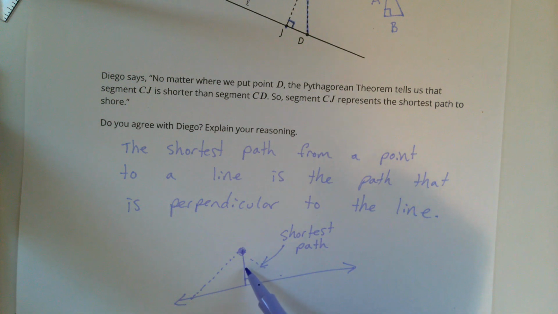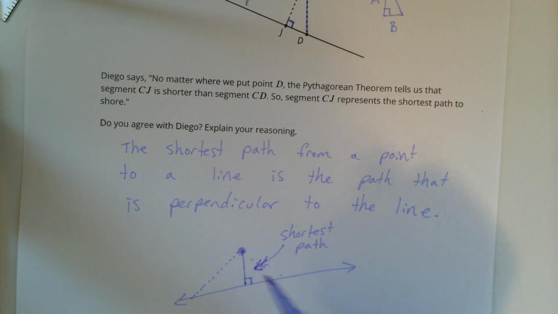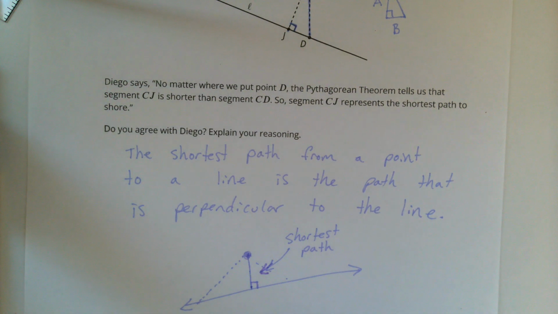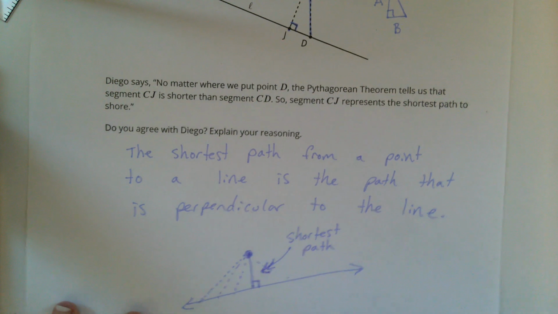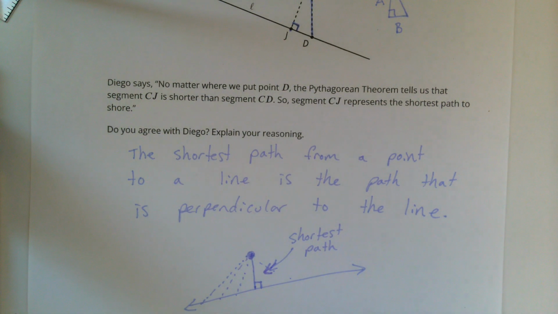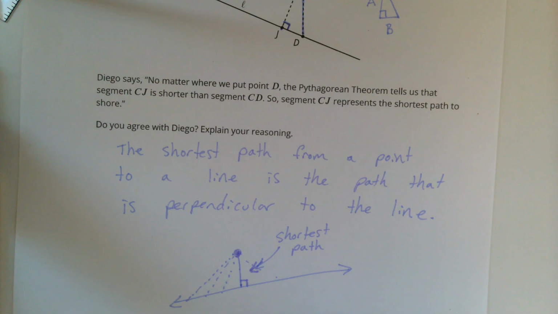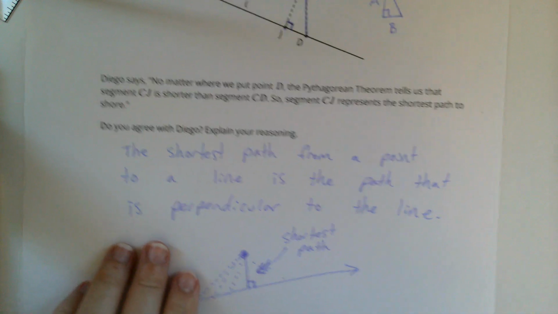So this here is going to be the shortest path. Not this, not any of these. The one that makes the right angle is going to be shortest. Now we're going to see what that has to do with circles and tangent lines.